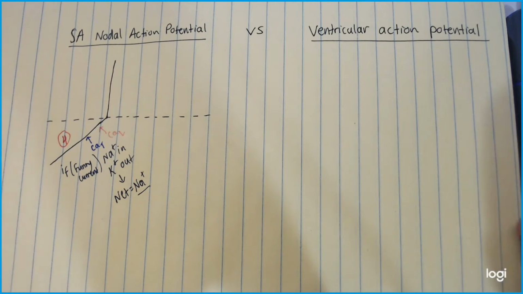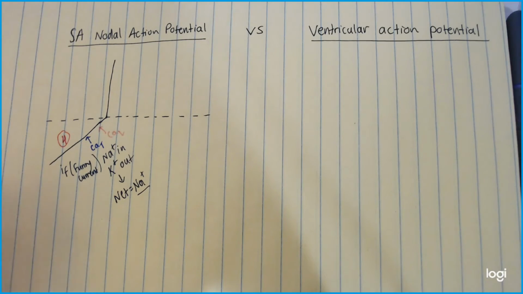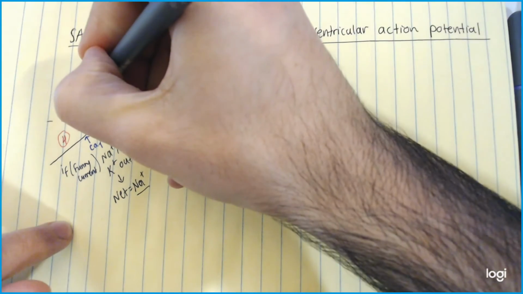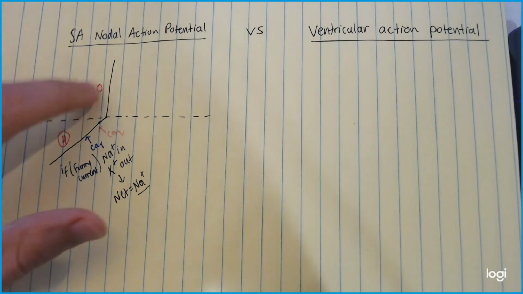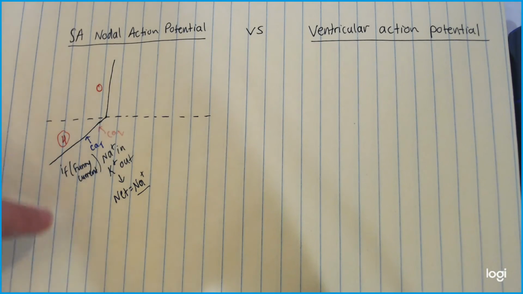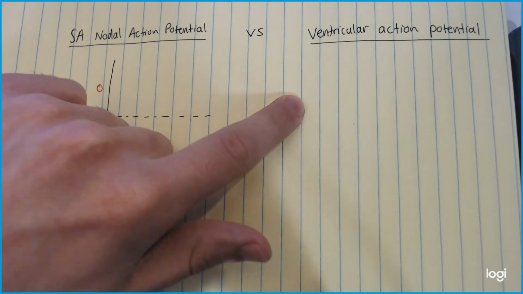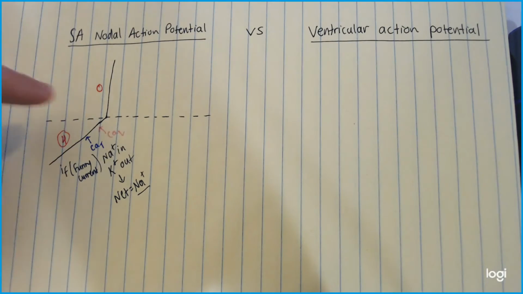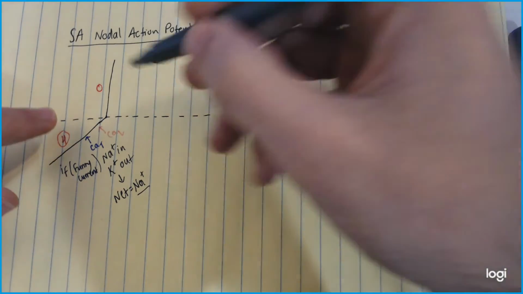Okay, and so that spike, that is phase 0. So they're not really in order from 1, 2, 3, which is not very nice, but that is phase 0, and you're going to see it's the same in the ventricular action potential, also going to be phase 0 for the spike.